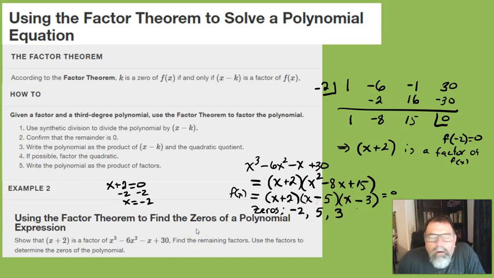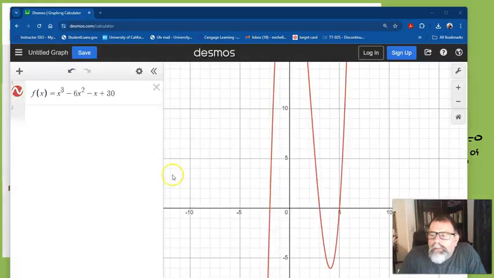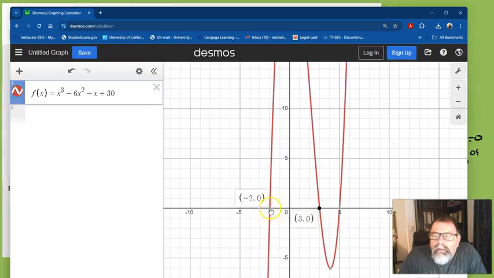And then if you recall from earlier when we were talking about graphing, if I were to graph this, the x-intercepts would be (-2, 0), (5, 0), (3, 0). In fact, let me show you that. Okay, so I went into Desmos and put in the polynomial x cubed minus 6x squared minus x plus 30, and you can see that the x-intercepts are (-2, 0), (3, 0), (5, 0).